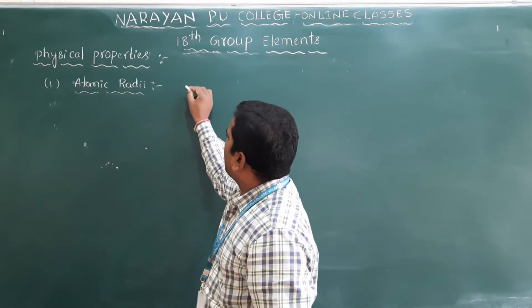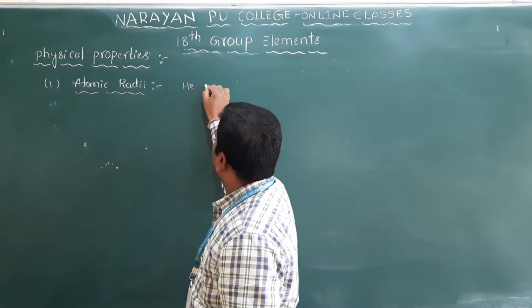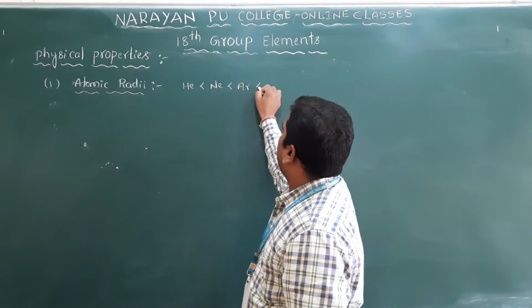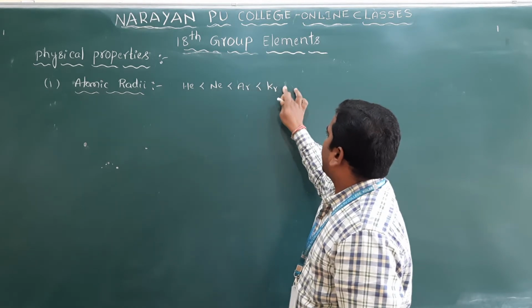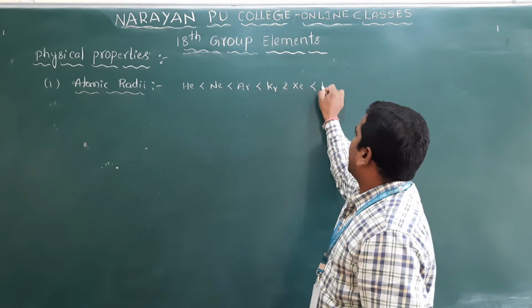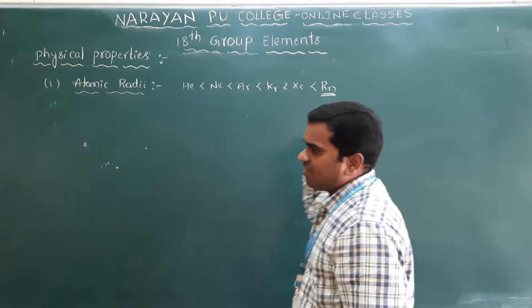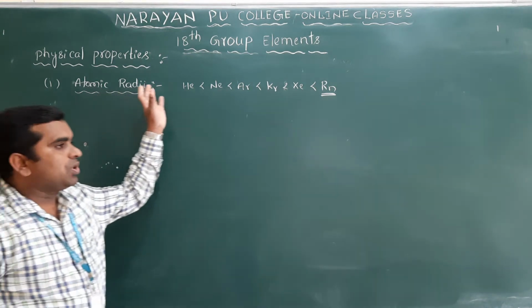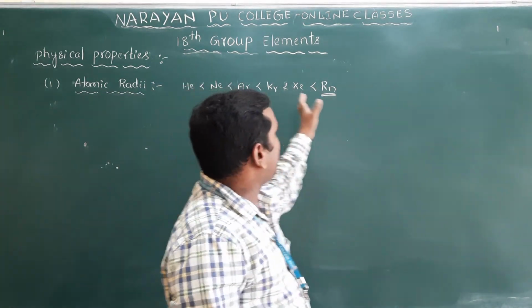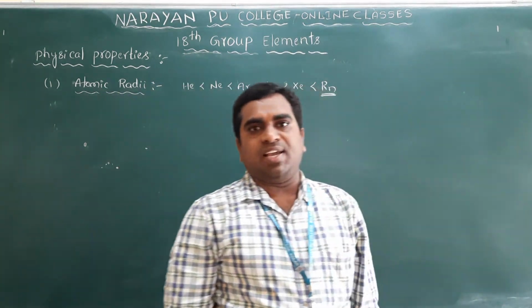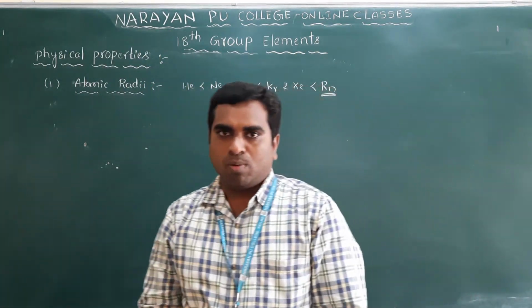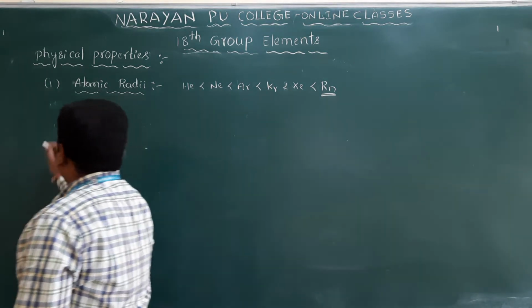So atomic radii: helium is less than neon, less than argon, less than krypton, less than xenon, and less than radon. Radon has the largest size. Clear? So as we move down the group from helium to radon, atomic size increases. And this is about the atomic radii.